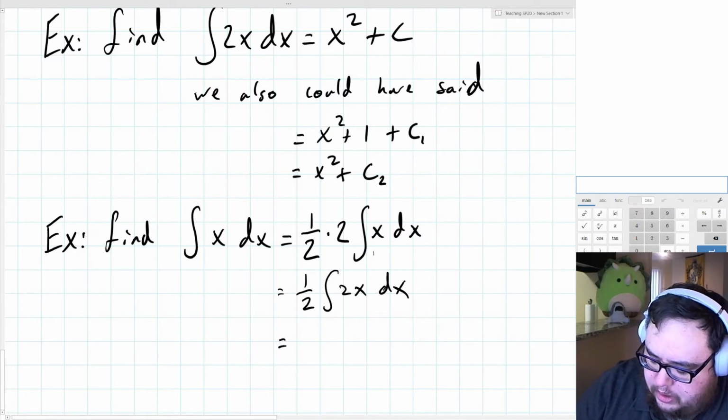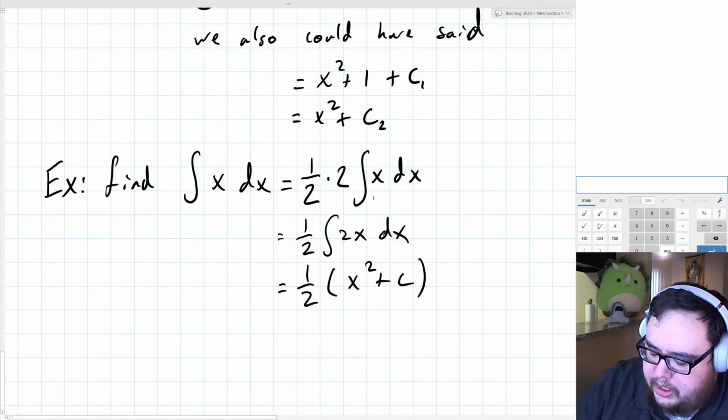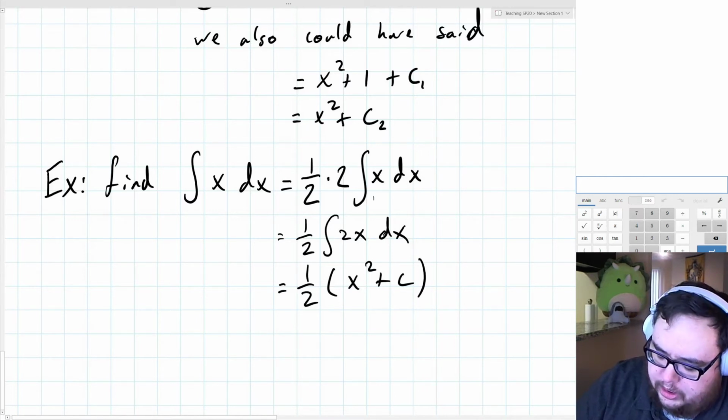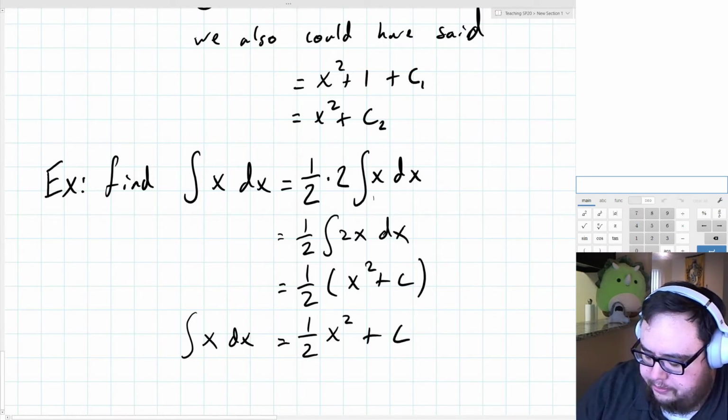So this is 1/2 of x squared plus a constant. And once again, this 1/2 of a constant is still constant, so we're going to roll it in. So we're going to say that the integral of x dx is equal to 1/2 x squared plus c.